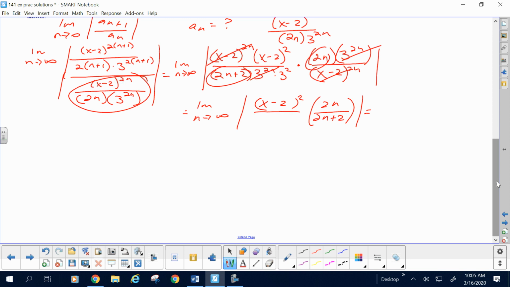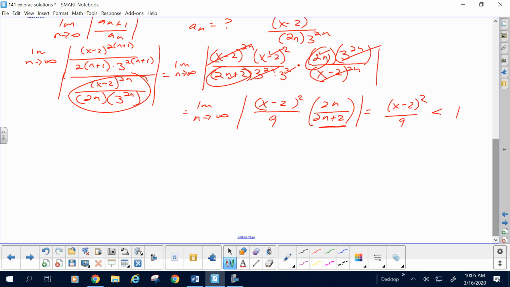And then I have a 9 down there as well. Do I have everything taken care of? Okay, all four things are still there. As n gets infinitely large, this one amounts to 2 trillion over 2 trillion and 2. That and bigger, and so that approaches 1. And so this limit then goes to x minus 2 squared over 9.